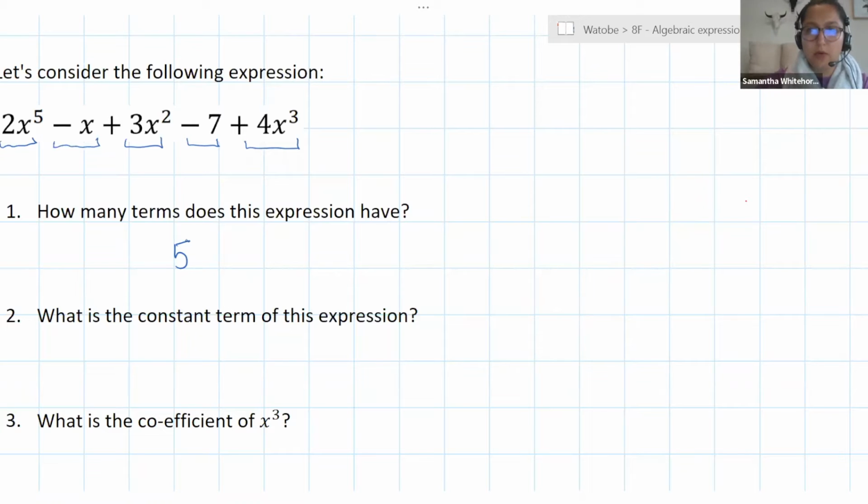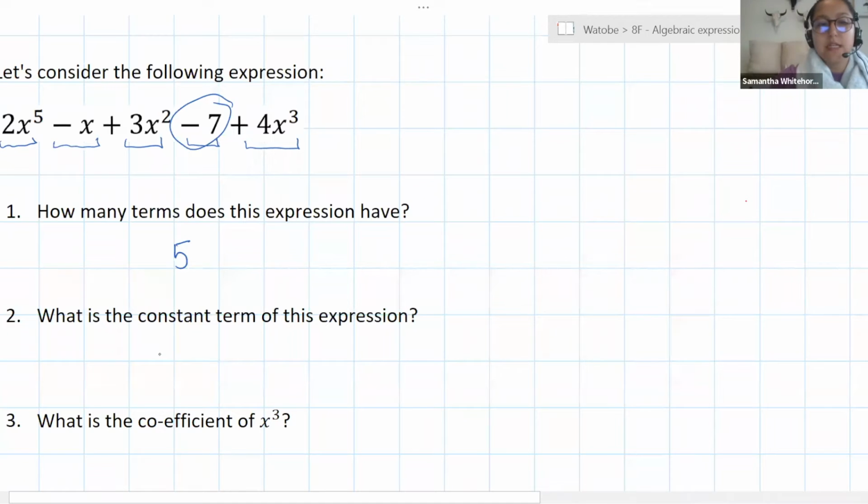Right, I'm liking that we all can see that 7 is definitely an important part of this answer, which I definitely agree with. So we can see that the only term without a variable is the term that has a 7 in it. Now, remember I said that the sign in front of the term is that term's sign. So we need to include the negative when answering this and say our constant term is -7. Okay, cool. So just remember the sign in front of the term belongs to that term.